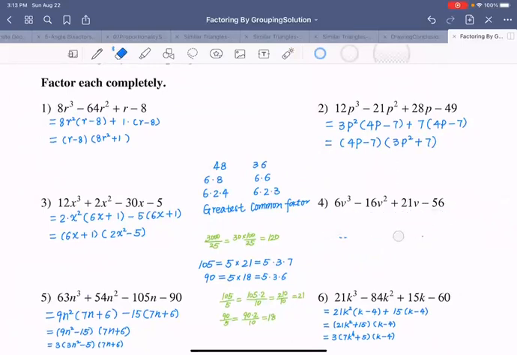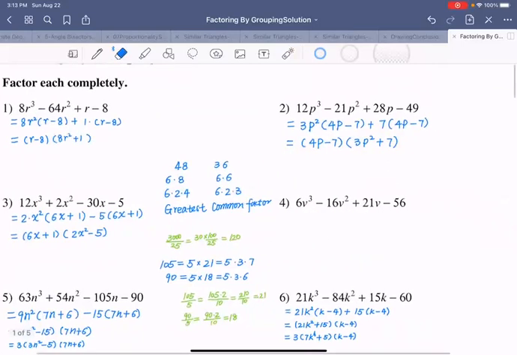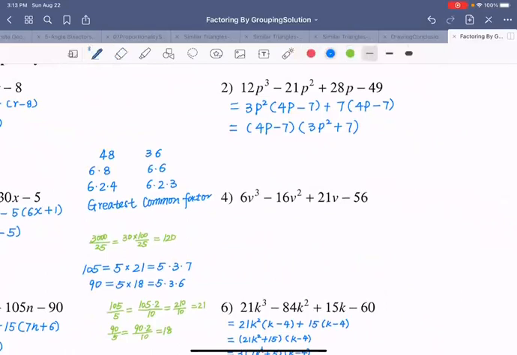Last one, Shangli. Let's do number 4. Go ahead. For this first 2 terms, you want to take out who? 2.